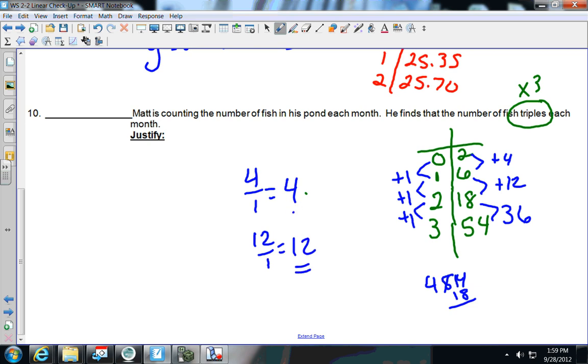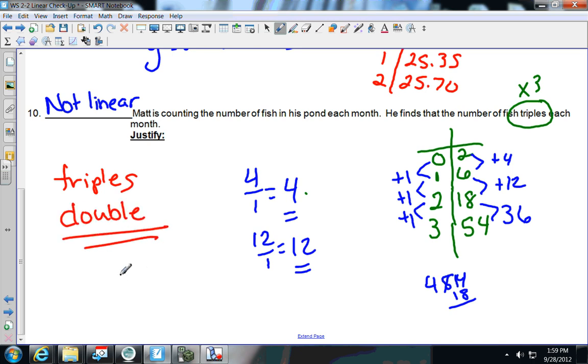These are not the same. This is not linear. Let me give you a hint. If something uses the word triples or doubles, these are not linear. Those will always tell you that they are not linear.